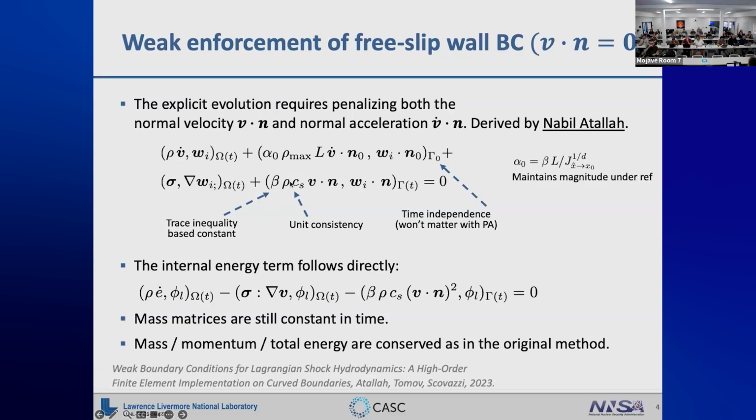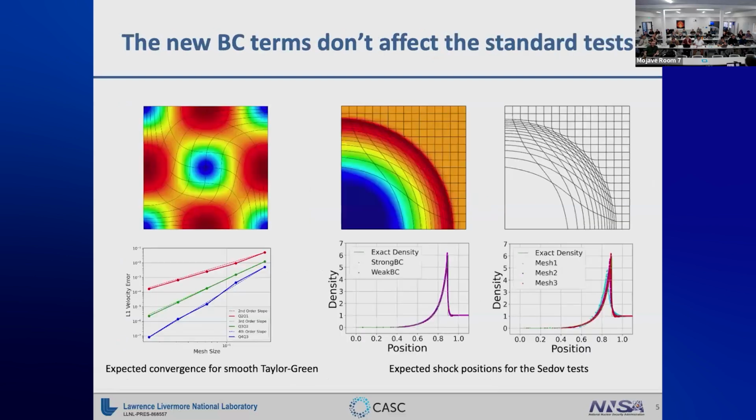It makes sense to be able to control quantities on the boundaries by quantities from inside the domain and so on. It must maintain magnitude under refinement, tricks like that. Then it propagates in the internal energy to have the correct conservation. The mass matrices are still constant in time, and we have the conservation properties of the original method. Of course, all details are in this paper here.